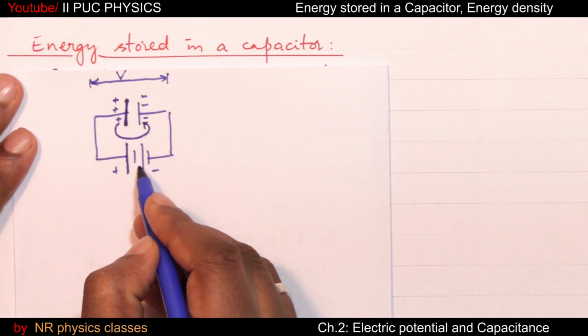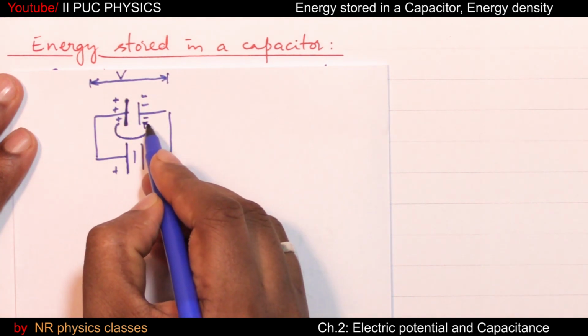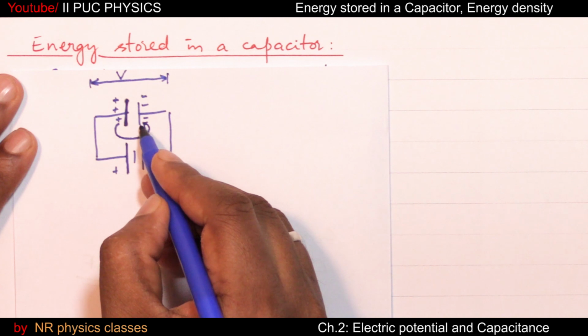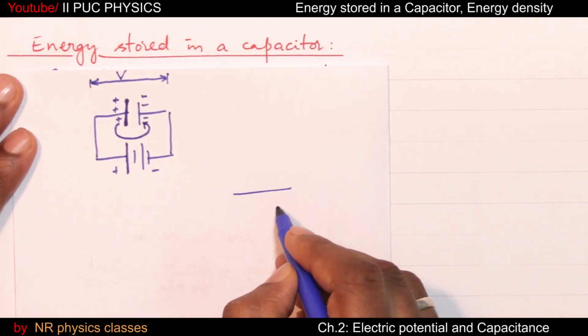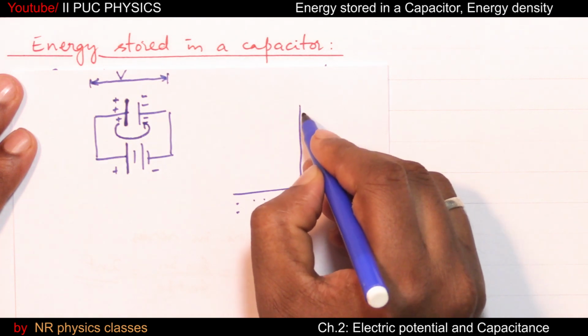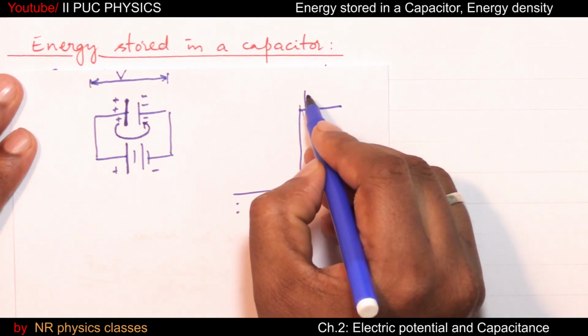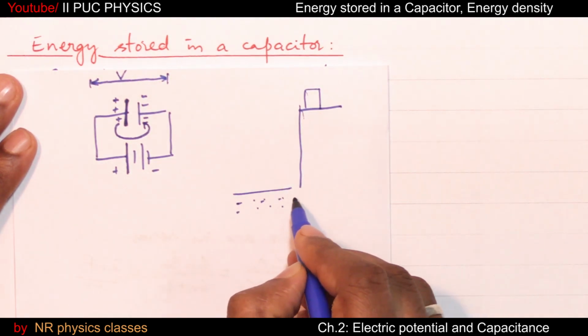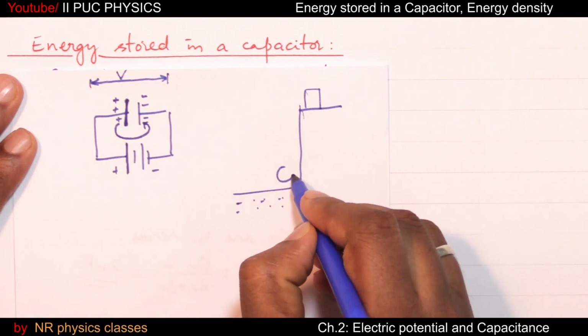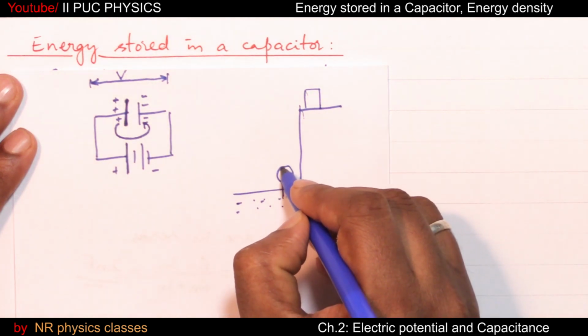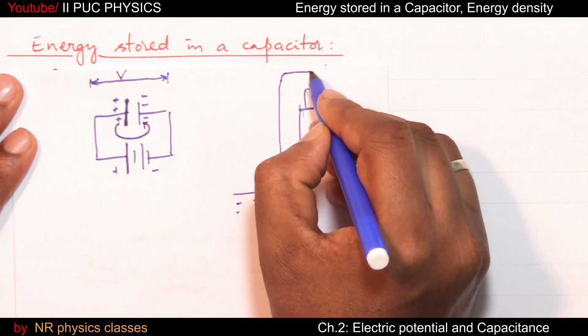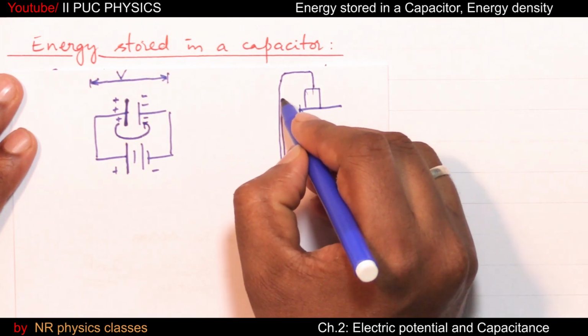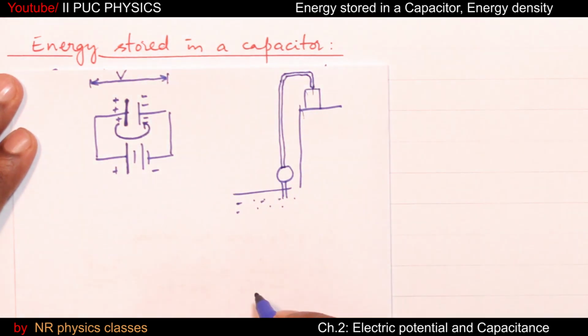The battery is pumping electrons from one plate to another plate. This is similar to pumping of water from a ground level tank to an overhead tank. If this is a house, this is the tank. If this is water, then the job of the pump is to lift water like this.